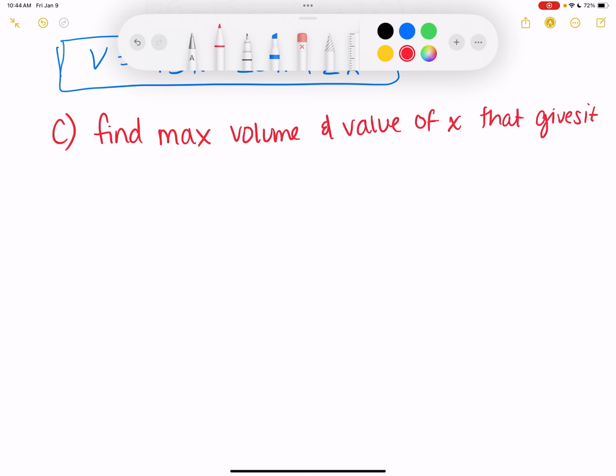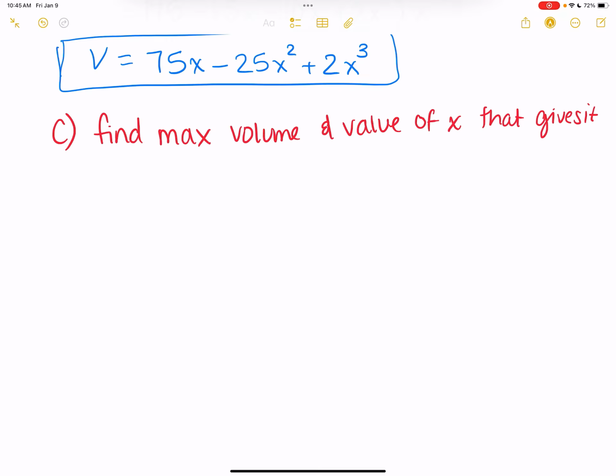All right, so graph this equation. And so because I can't see my entire graph, I may have to do a zoom fit to get it all on here, and then I can do my stuff to find the maximum.